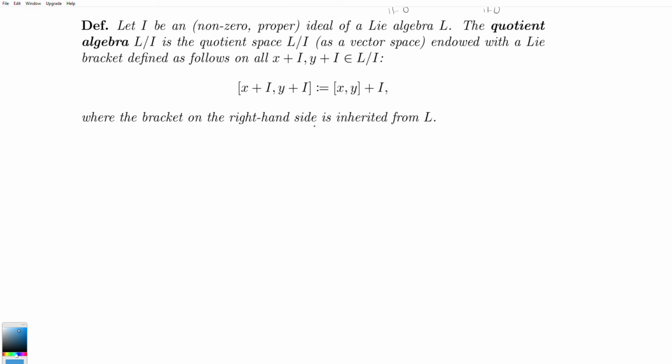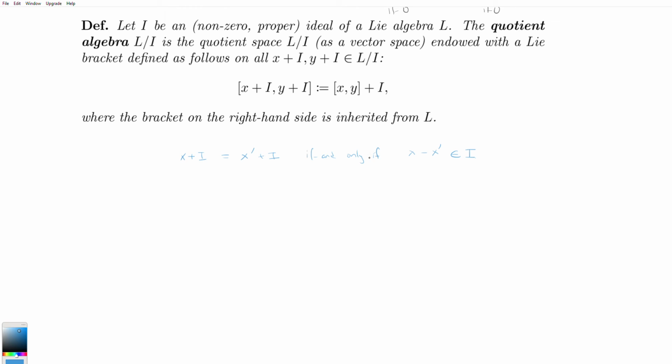And so what really matters is to make sure that this bracket is well defined, right? Because remember that x plus I is equal to x prime plus I, if and only if, as elements in your quotient space, x minus x prime is an element of I, right?